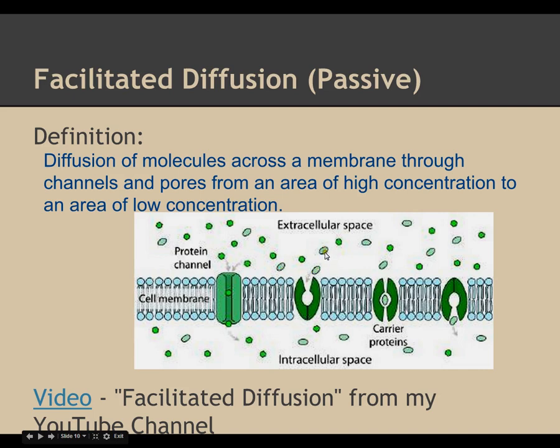So the more molecules there are outside the cell, the probability increases that as these bump into each other, one will actually land in the protein and be carried across the membrane. So it all has to do with molecules randomly bumping into each other and the probability being high when there's a high concentration that that molecule will pass through the membrane. And that's it. I have a short video on facilitated diffusion.